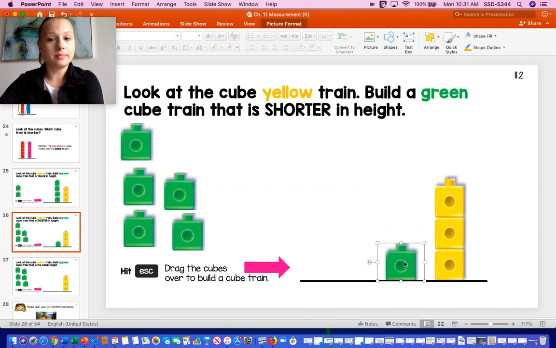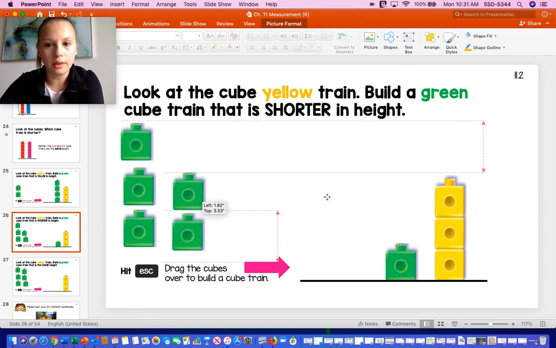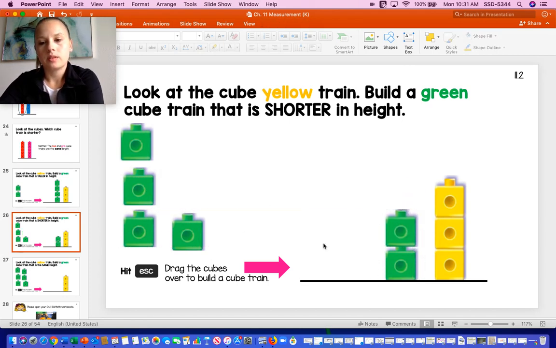Is this one shorter? Yeah, I could just do one, right? Or I could pull another one over. That way I have 1, 2. I have 2 on this one. So the green cube train is shorter than the yellow one. 2 is less than 3. So that works.